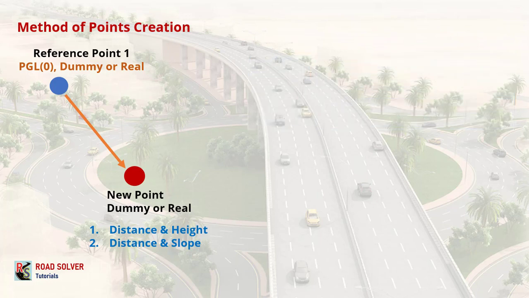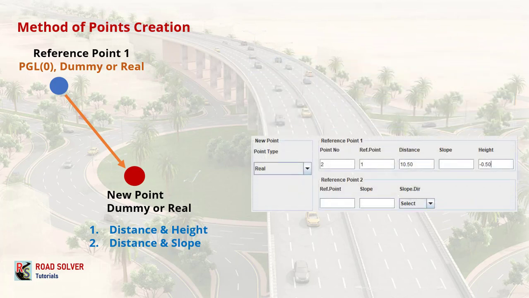After that, distance and height: distance 10.5, then height -0.5, which means the point will go down. These are two types of point creation.